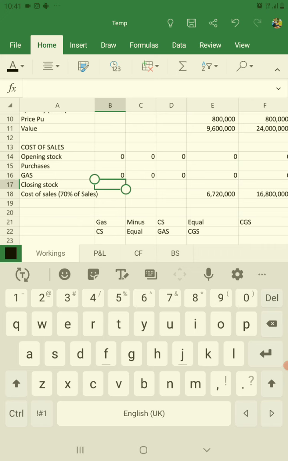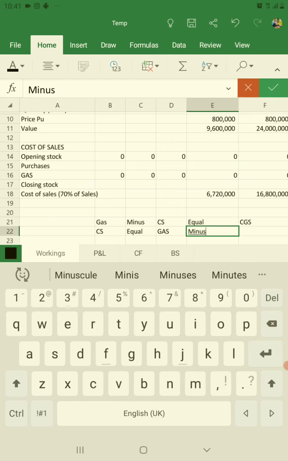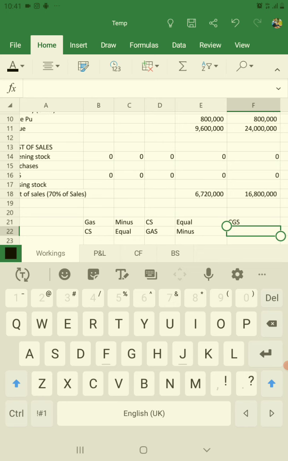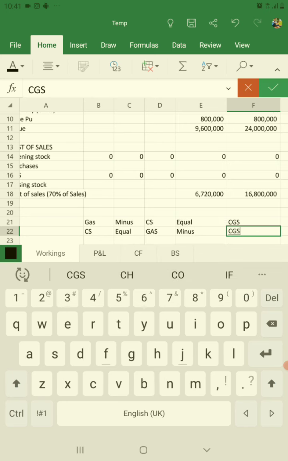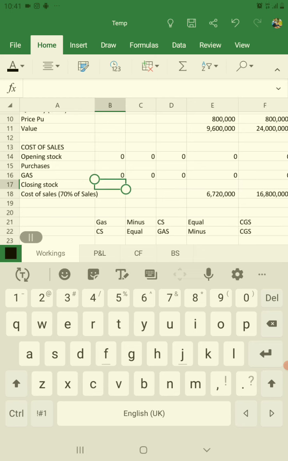I say closing stock equal to GAS minus CGS. So to put a formula for closing stock, I take GAS, which is here, starting with an equal sign.